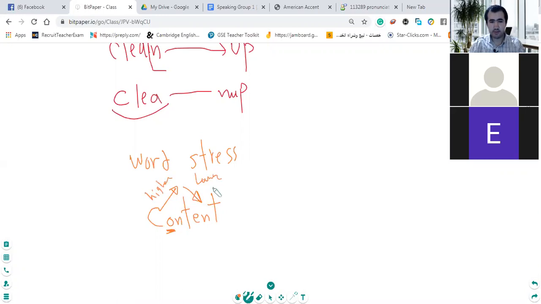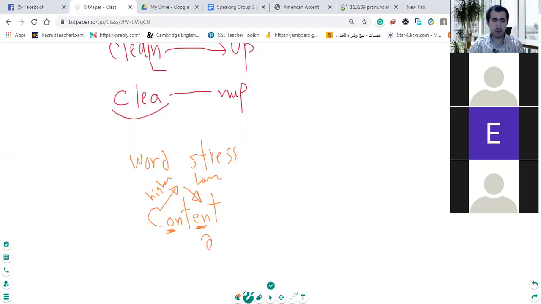For example, content, within the same word, content. The syllable which has lower intonation, the unstressed syllable, we have said it before, is the schwa.